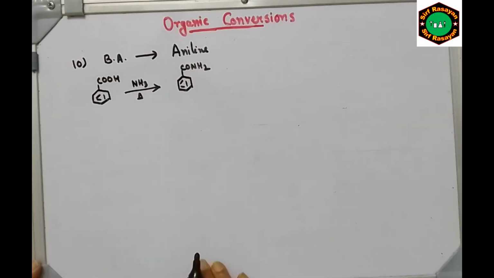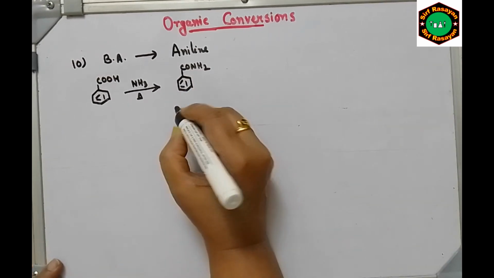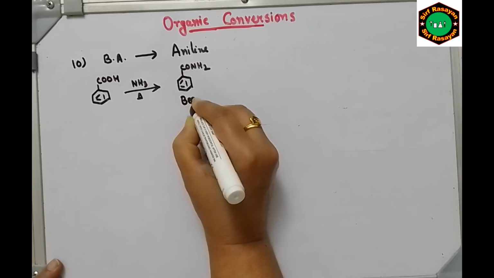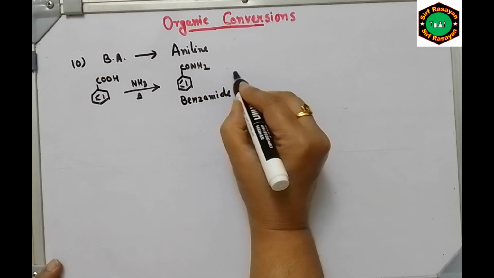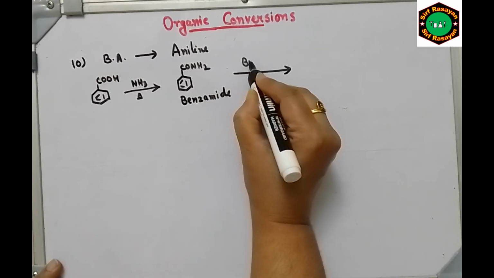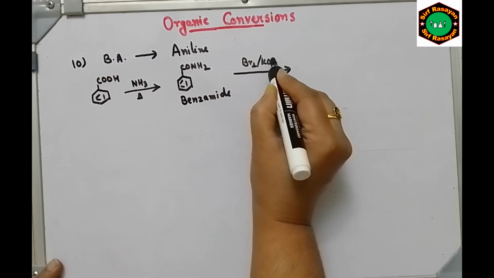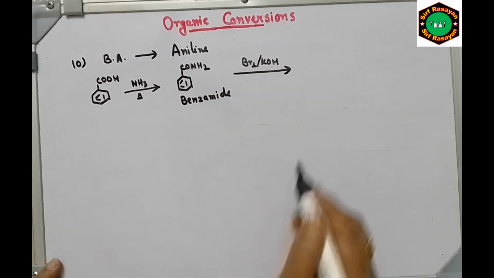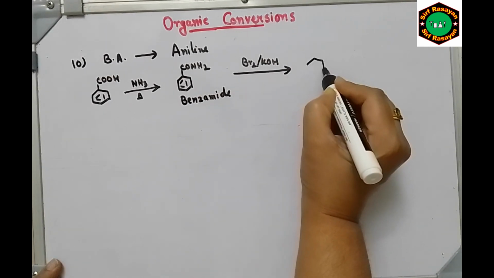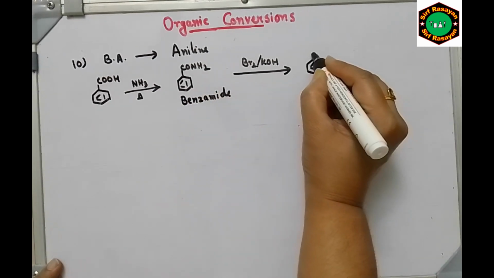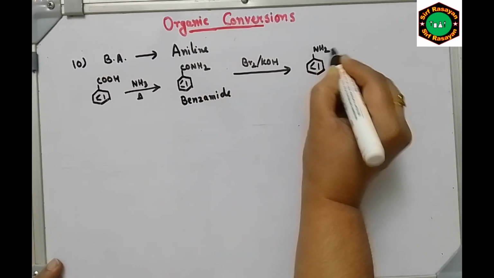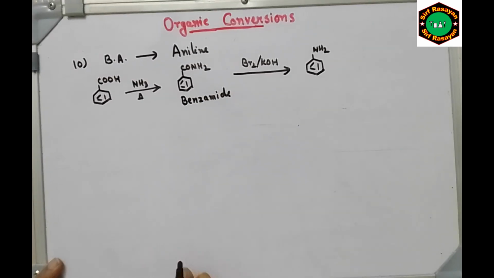Benzamide. Now here if you treat it with bromine KOH, Hofmann-bromamide reaction, what you will get? Stepping down will take place. We will get, in place of CONH2, NH2, means aniline.